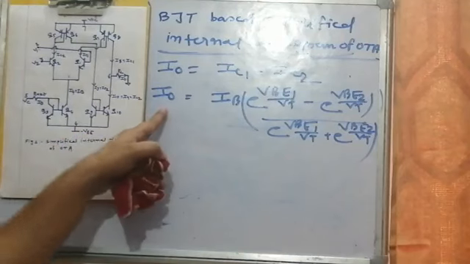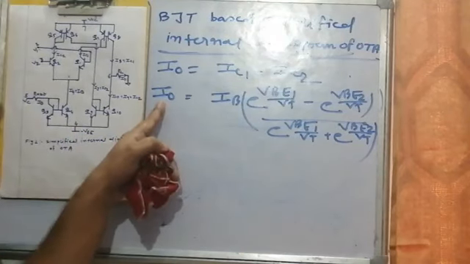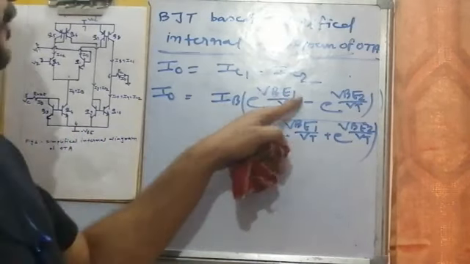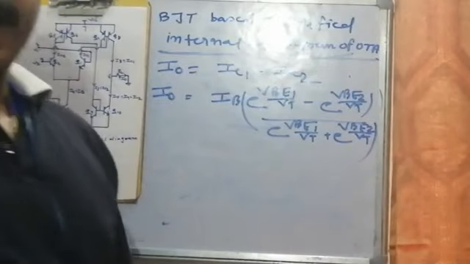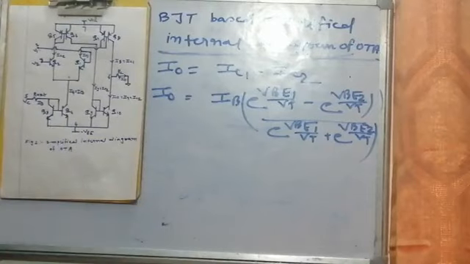So we can find I0 in terms of IB and VBE1 and VBE2. Now we will simplify this equation more.